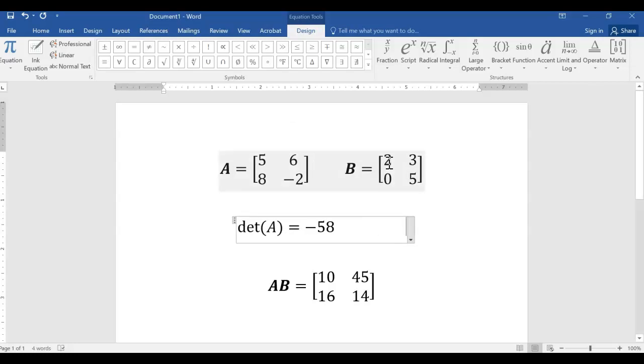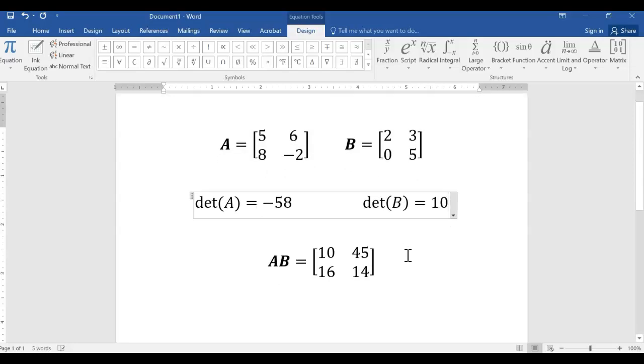Now as far as B goes, 2 times 5 is 10, minus 0 times 3, which is 0. 10 minus 0 is 10. So the determinant of B is 10.